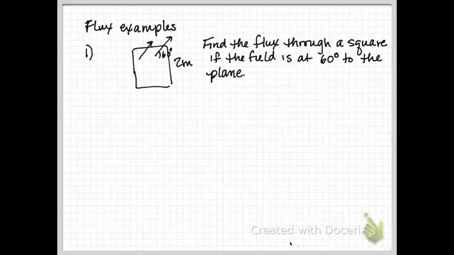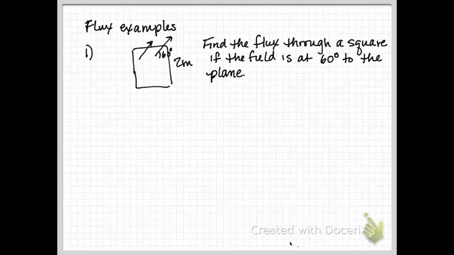Okay, so I have some examples of solving for flux for you, both with calculus and with Gauss's law. We're going to start off with finding the flux through a square. In this case, the field is at a 60-degree angle to the plane.